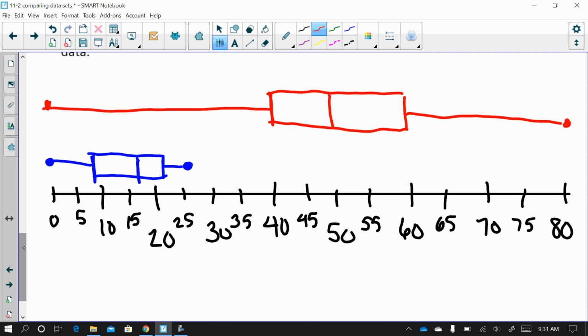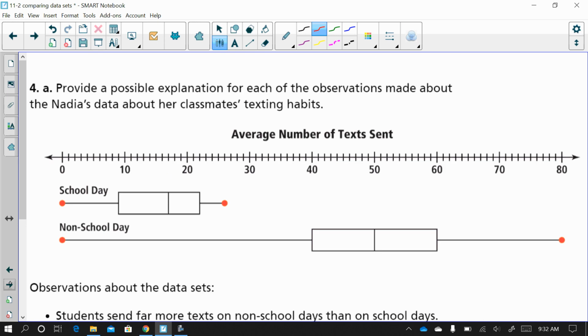School days, our data is clustered much closer together. You could say that the 25% of the data for each of them is much bigger on the non-school days than it is for the school days. You can say that the minimums are very obviously the same. The maximums are hugely different. There's lots of things you can tell me from here. So there's my two box plots.